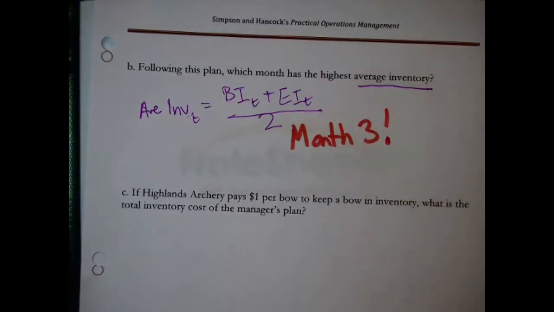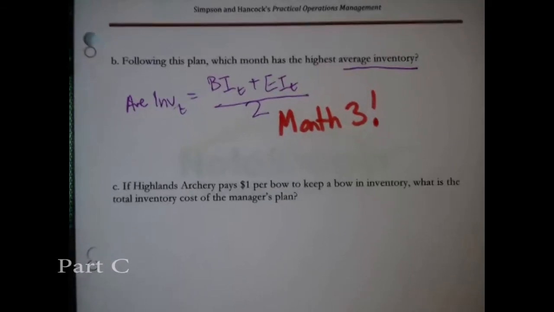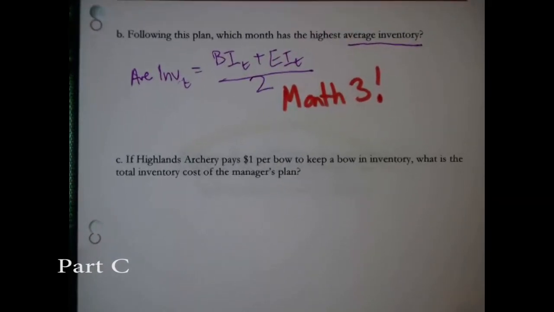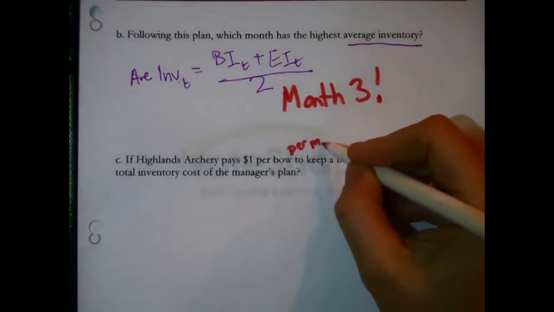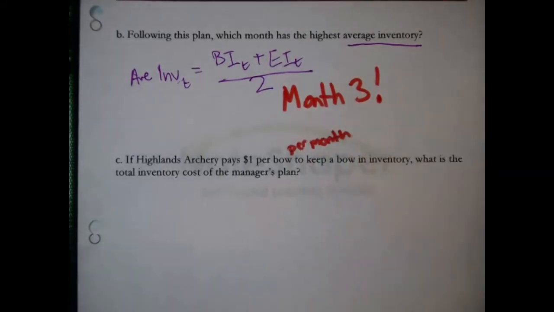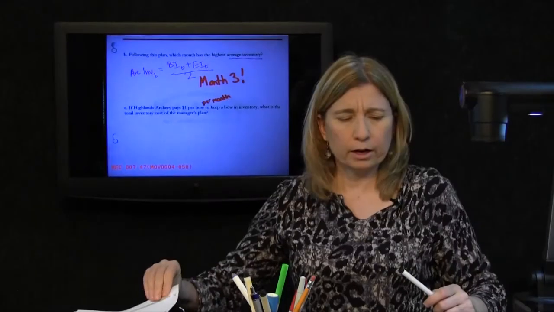Then, last question. If Highlands Archery pays $1 per bow per month, that would have been nice to include. It's only logical to keep a bow in inventory. What is the total inventory cost for the manager's plan?